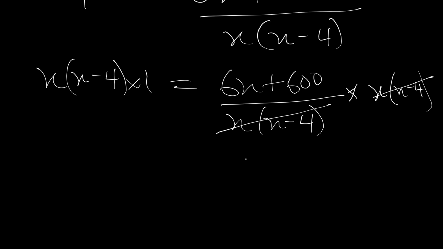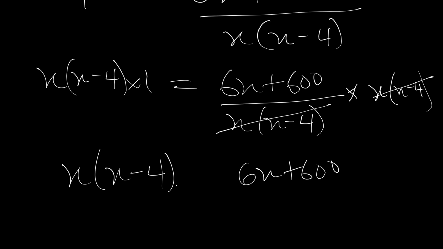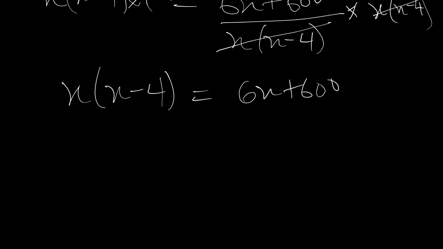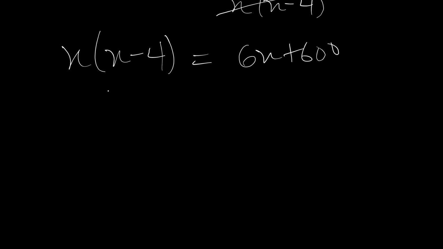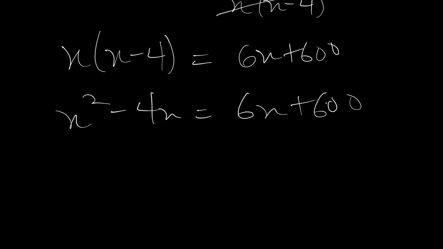You'll be left with 6x plus 600. So x multiplying x minus 4 is equal to 6x plus 600. Now when we expand this, we have x squared minus 4x is equal to 6x plus 600.